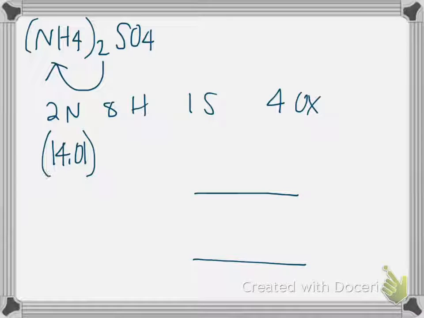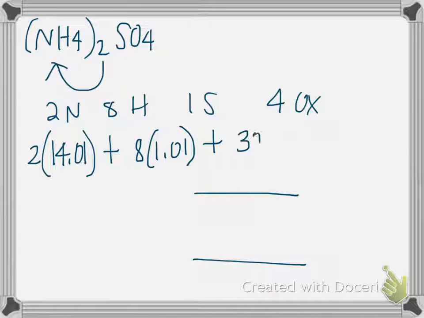We're going to multiply that by 2. We'll add 8 times 1.01, because that's the mass for hydrogen. And then sulfur, somebody look up sulfur, so you can get used to looking at them. 32.07 is what it would round to. Remember, we round to 2 decimal places. And then 4 times oxygen, which is 16.